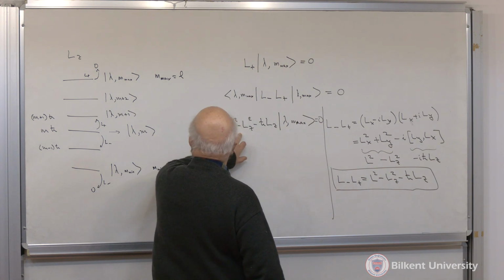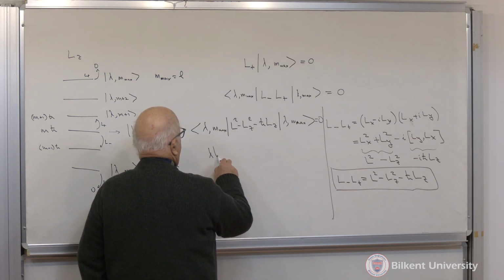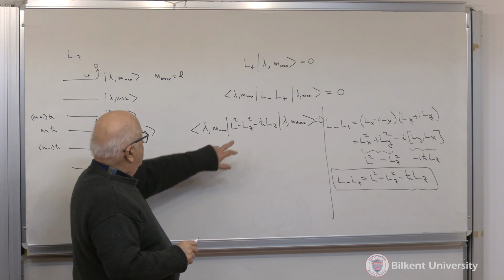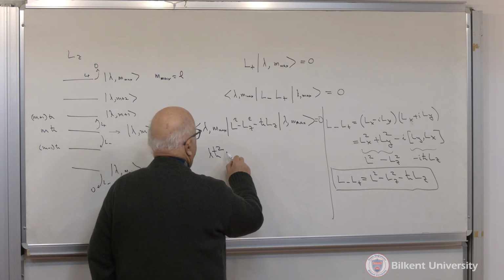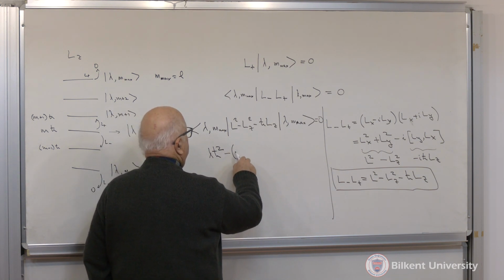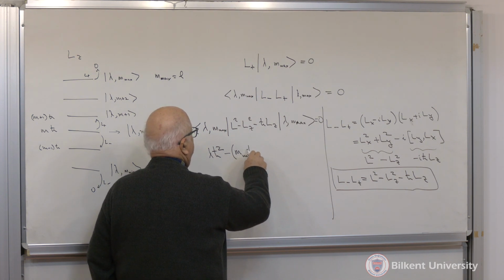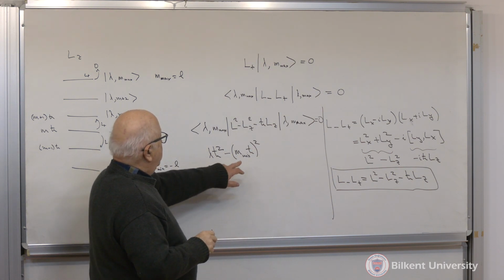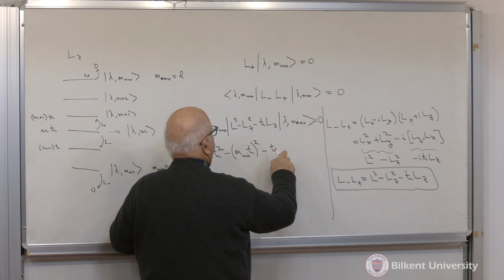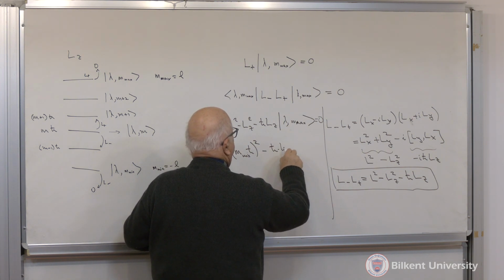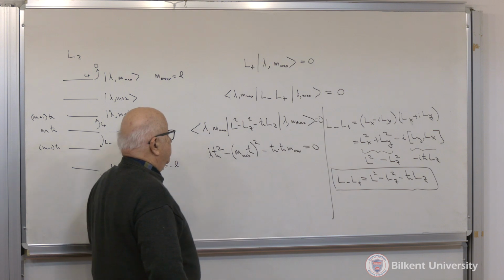It just gives me lambda times h bar squared. So I get lambda times h bar squared minus Lz squared. What's that? Yes, m max h bar squared, right? And minus h bar times one factor of that, so it's going to be h bar m max, is equal to 0.